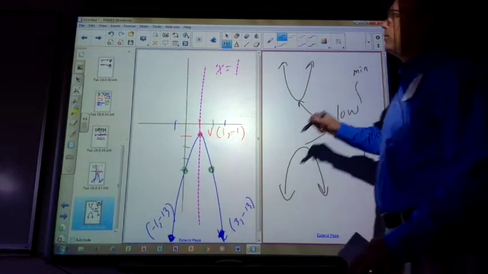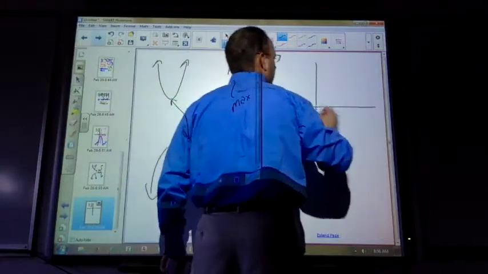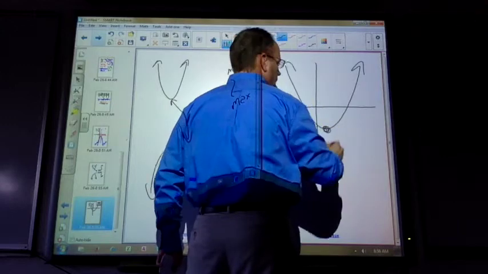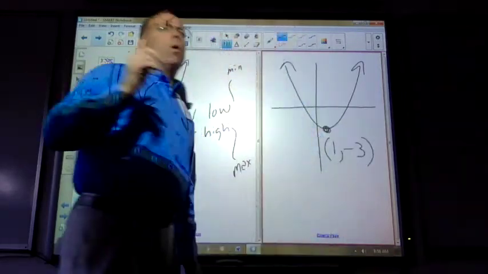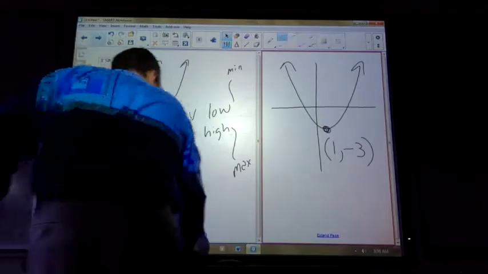Gabe, if I had this as a parabola drawn, and I knew that this point here was my vertex, we'll call it, say, 1, -3, what do you feel the axis of symmetry would be? What would the equation of the axis of symmetry be? Remember, this is the axis of symmetry, Gabe.